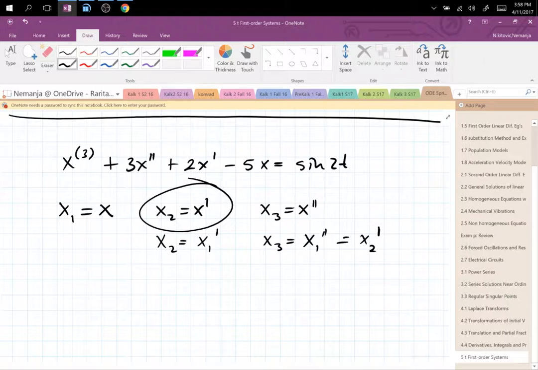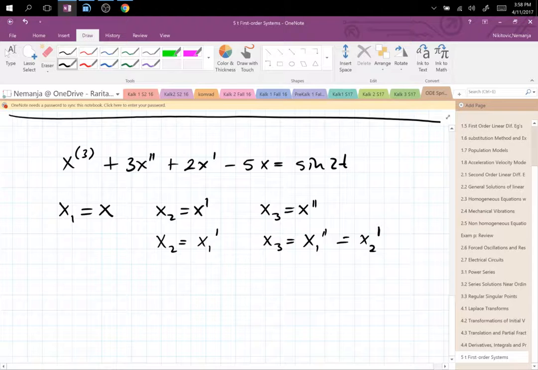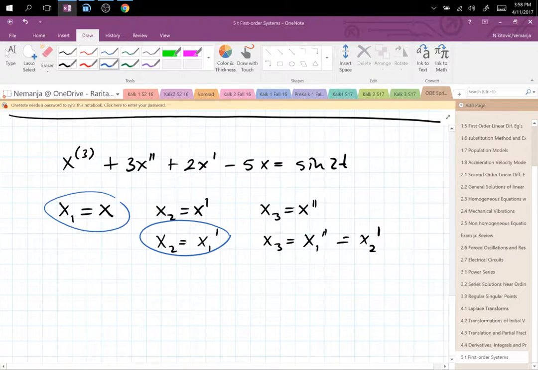So x2 prime. And now, let me circle all of the equations that you are actually going to use. You are going to use this equation here, and that x3 is equal to x2 prime, this equation here, and you are left with one more.